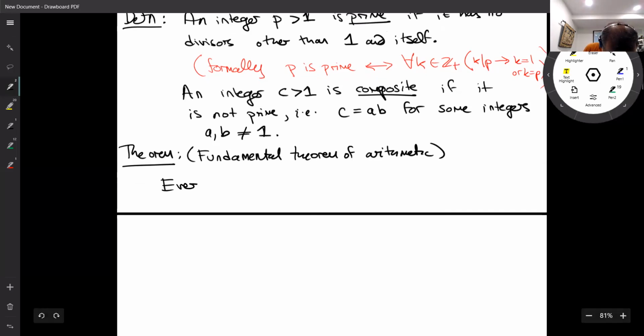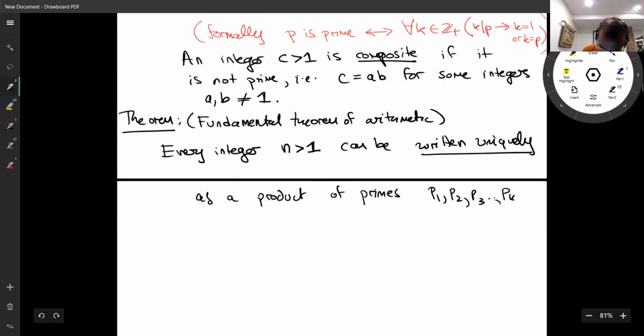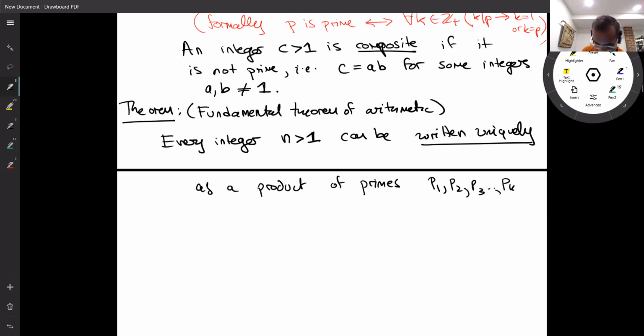Every integer n strictly bigger than 1 can be written uniquely as a product of primes, let's call them p1, p2, p3, up to pk, listed in non-decreasing order.